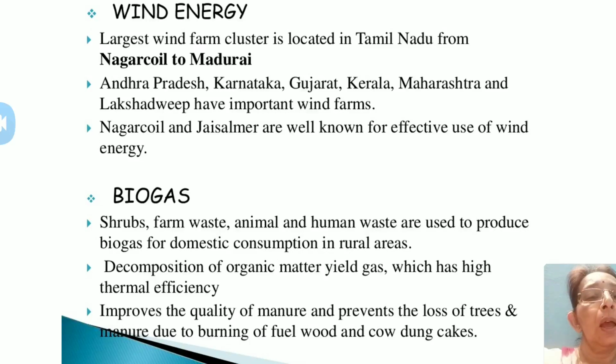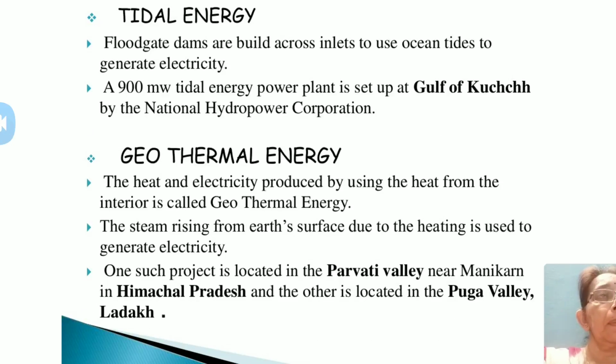Biogas: shrubs, farm waste and animal waste are used to produce biogas for domestic consumption in rural areas. Decomposition of organic matter yields gas which has high thermal efficiency. This improves the quality of manure and prevents the loss of trees and manure due to the burning of fuel wood and cow dung cakes.